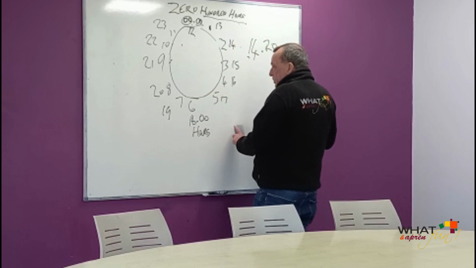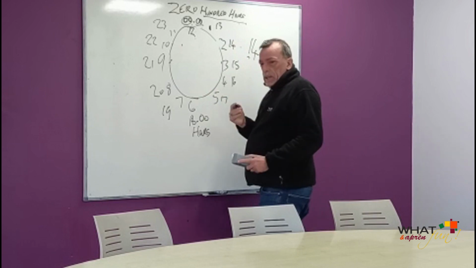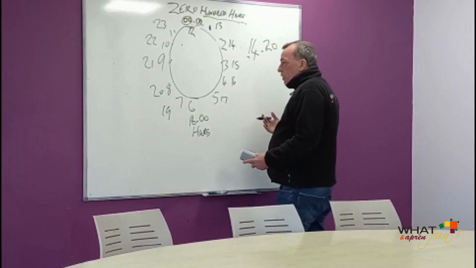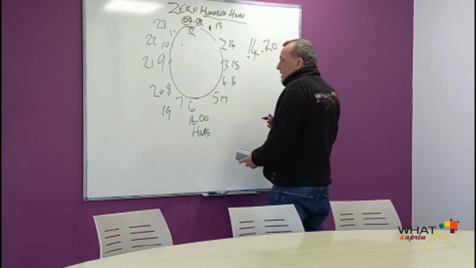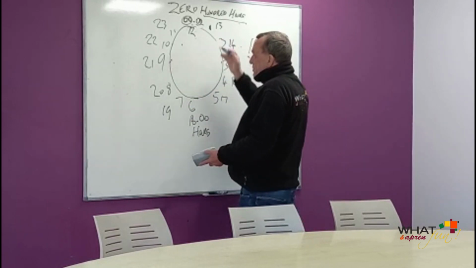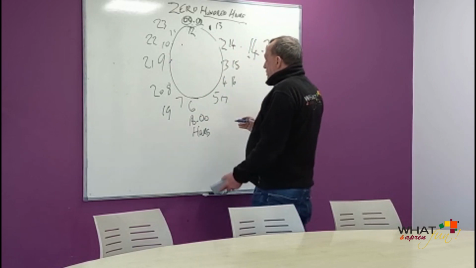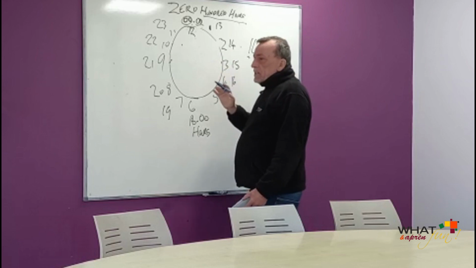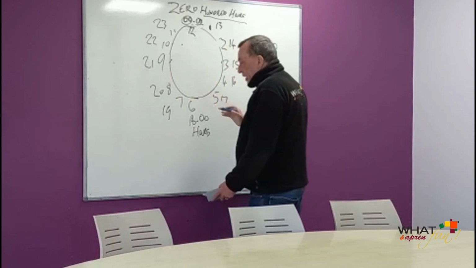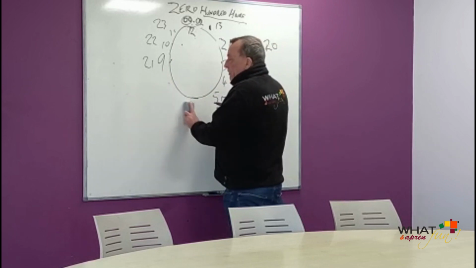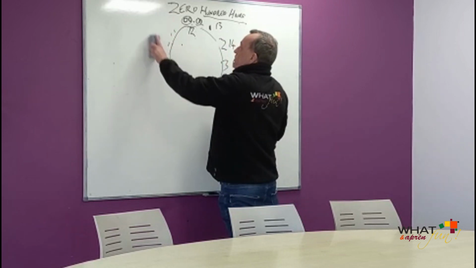It's very simple once you've got it, and extremely unconfusing to someone that already knows it. So 9 o'clock, 2100 hours. 5 past 9, 2105. 25 past 9, 2125. And that's how we tell the time in 24-hour mode.